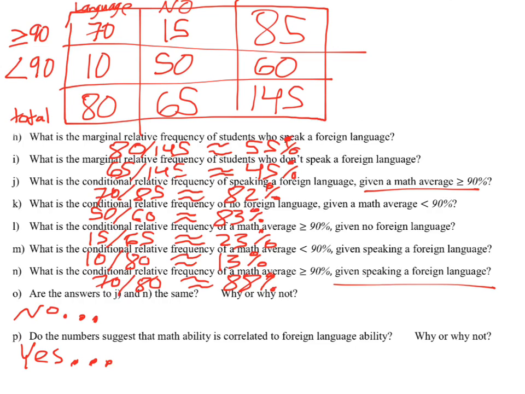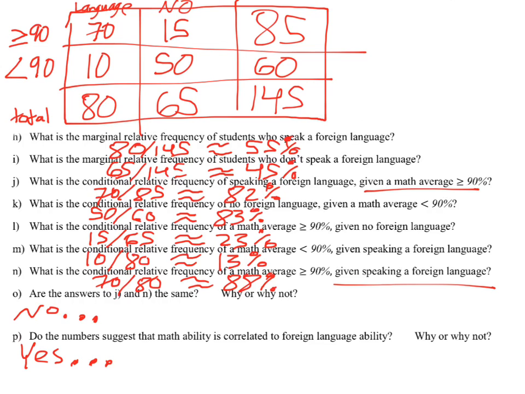Okay, and then P, do the numbers suggest that math ability is correlated to language ability? The answer would be yes. Because, well, there's a couple reasons. Out of all those who speak a foreign language, 7/8 of them, 88% of them, have 90 or above in their average in math. And if you look at those who have 90 or above average in math, 70 out of the 85 speak a foreign language.